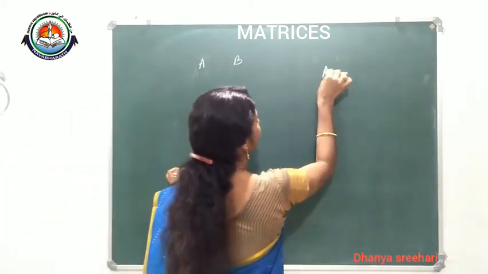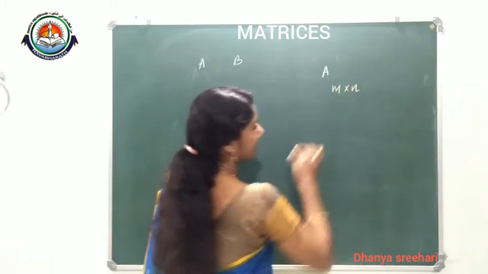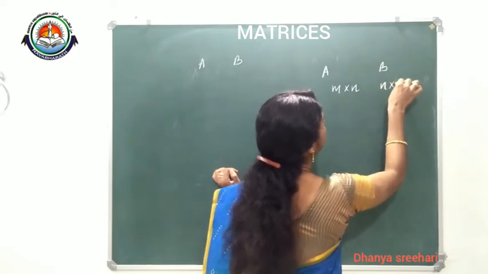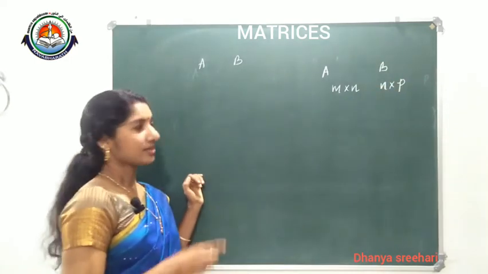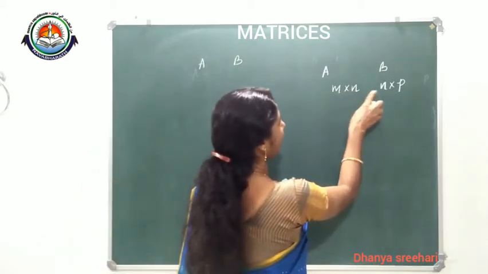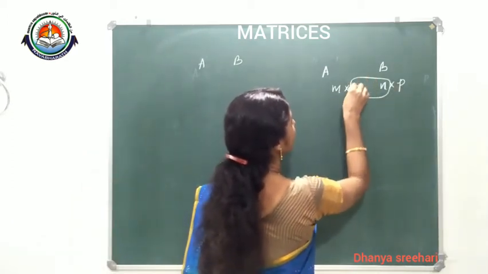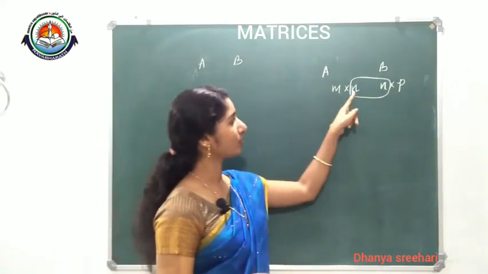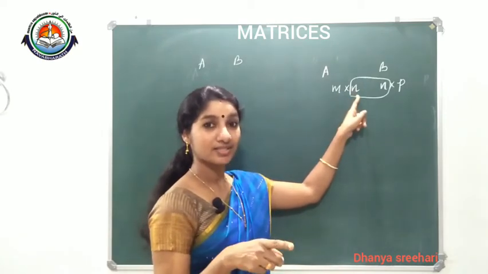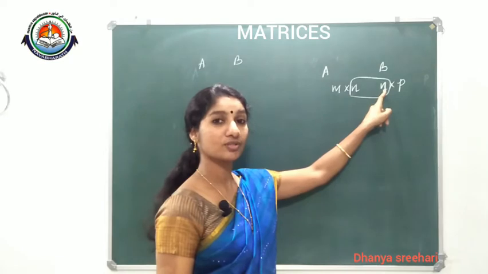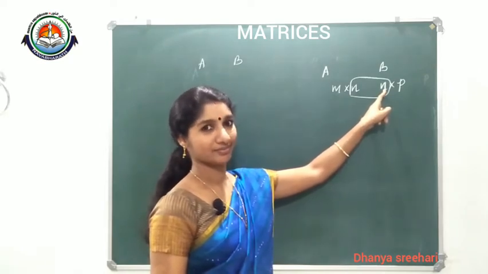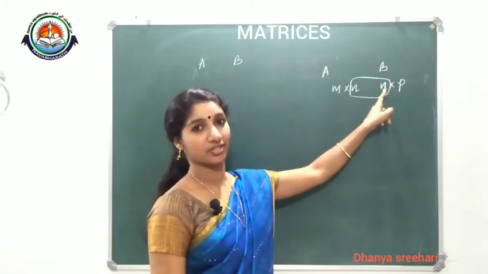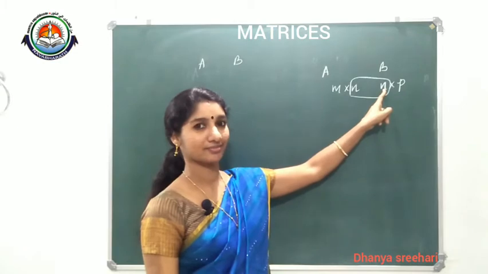Matrix A is of order m by n, and another matrix B is of order n by p. See what I wrote: here m by n and here n by p. This condition should hold to do multiplication: the number of columns of the first matrix must be the same as the number of rows of the second matrix. When these two numbers are the same, then only can we define multiplication of two matrices.